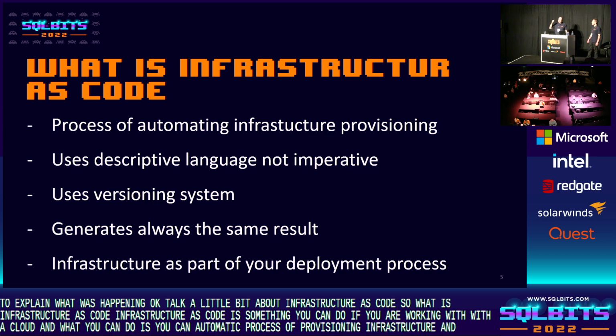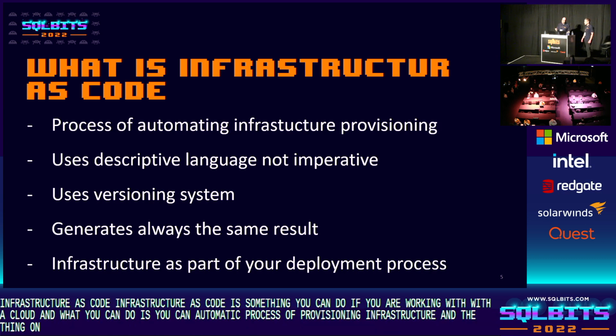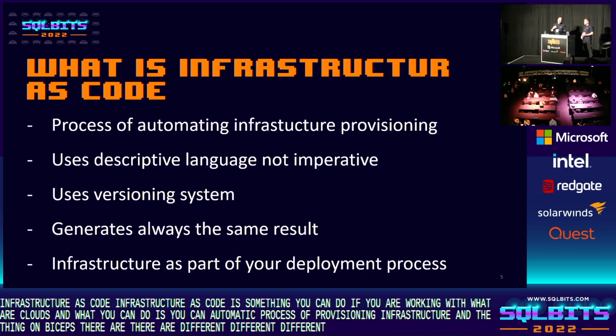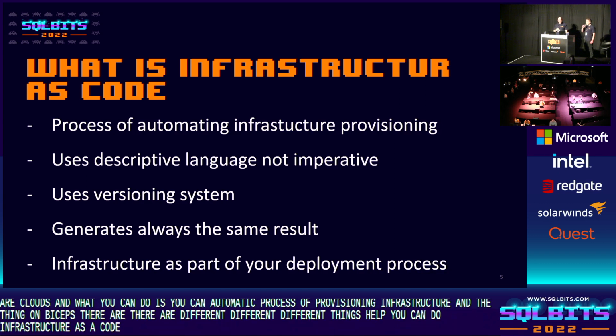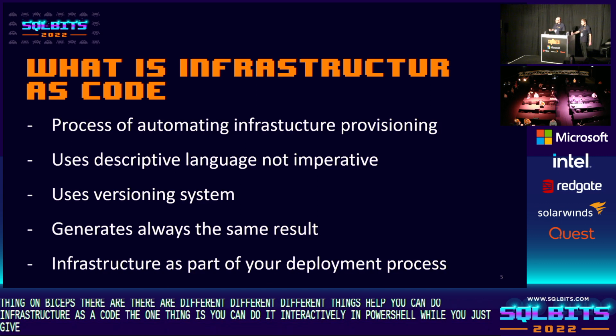And there are different ways you can do infrastructure as code. The one way is you can do it imperatively in PowerShell, where you just give commands, new Azure VM, or something like this.